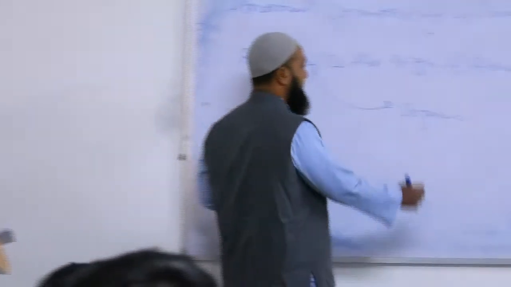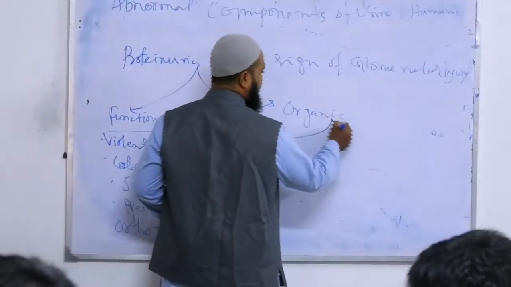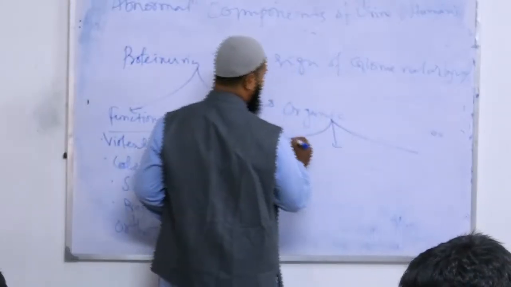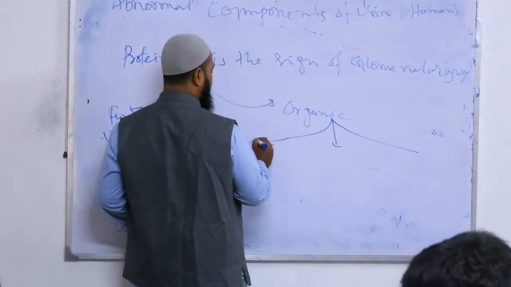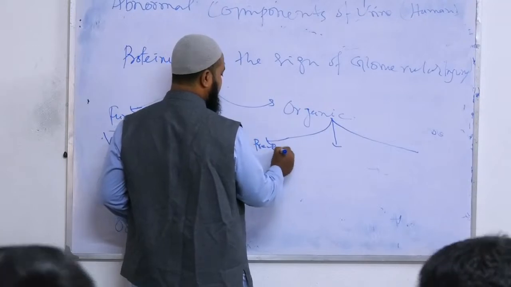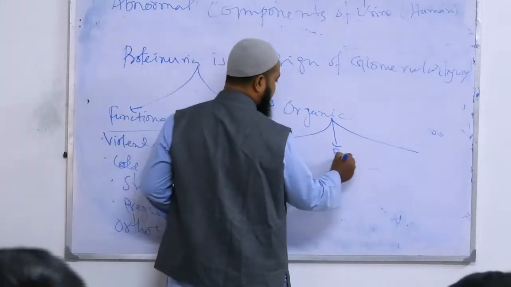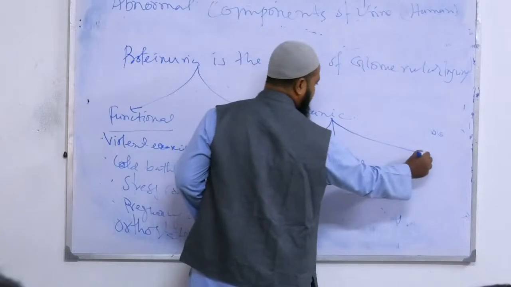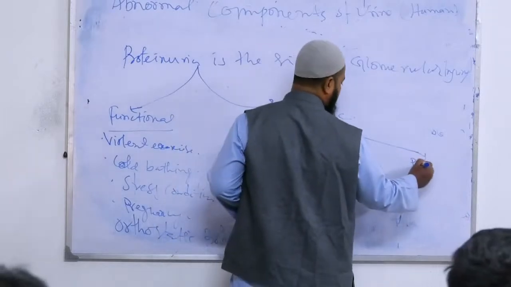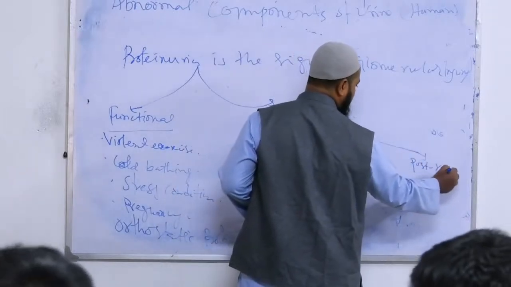যে অর্গানিক প্রোটিনিউরিয়া: pre-renal, renal, post-renal. 1-2 names is enough.